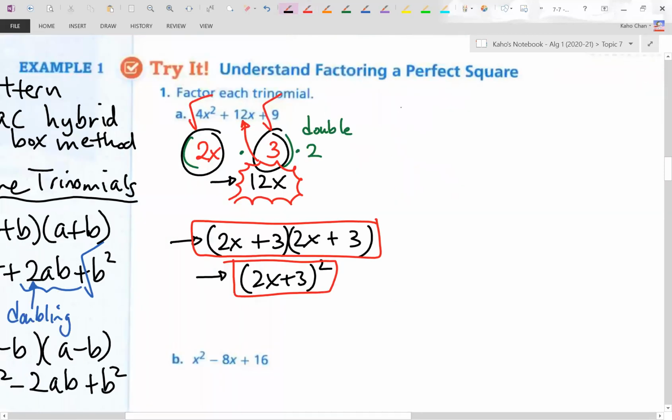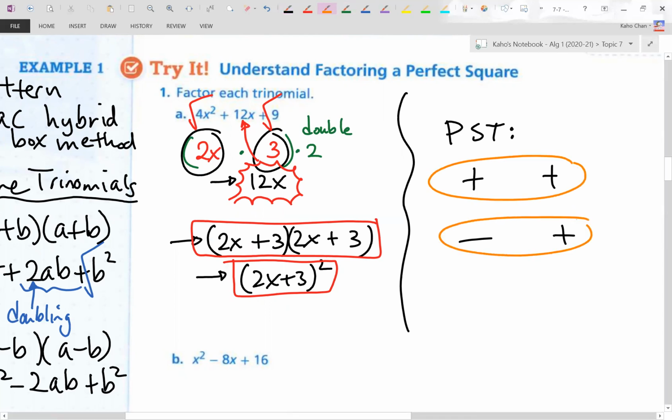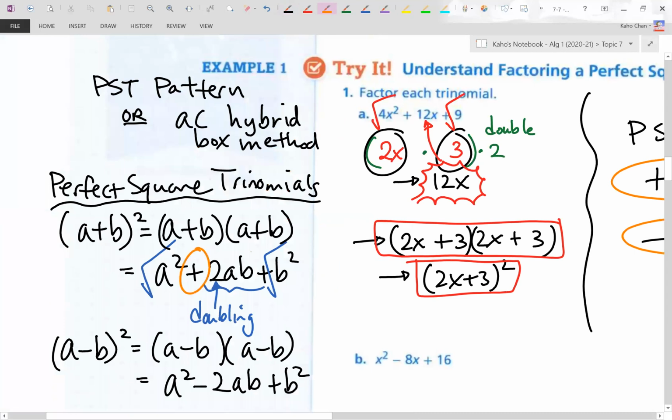Just a quick reminder, when you look for the patterns for a PST, the signs are plus plus or minus plus. Keep those in mind when it comes to those quadratics. Plus plus or minus plus. I'm referring to right here. Plus plus, minus plus. Okay?